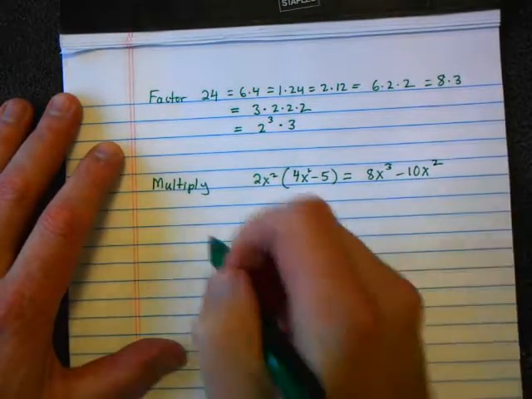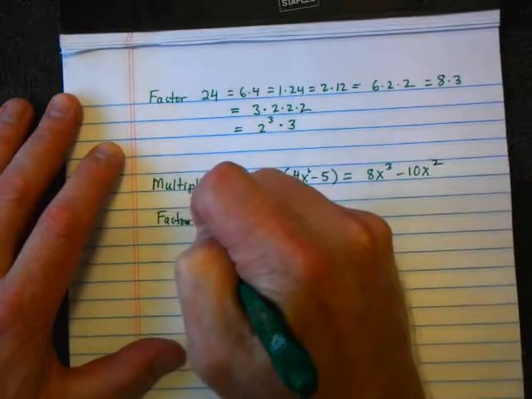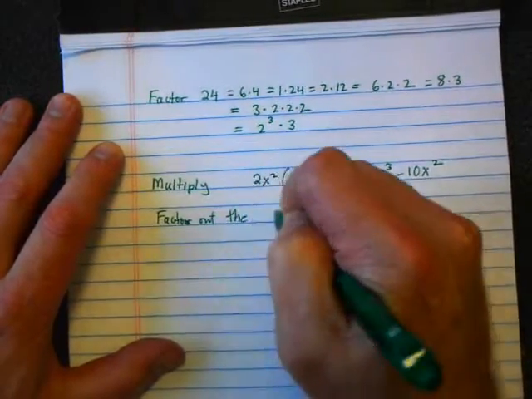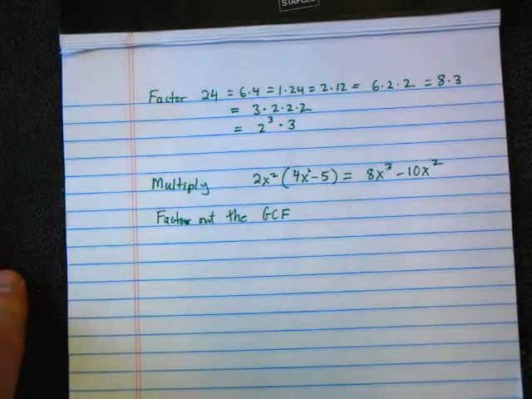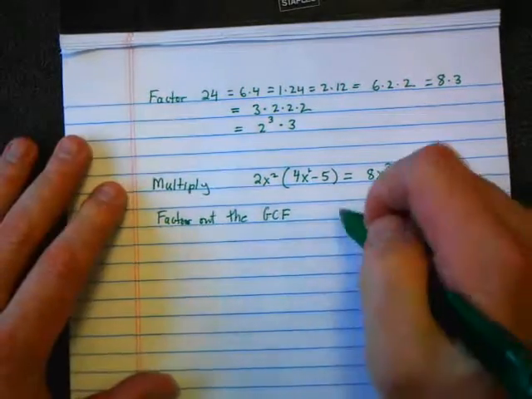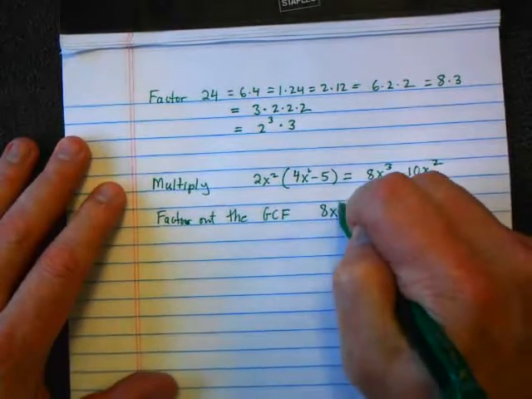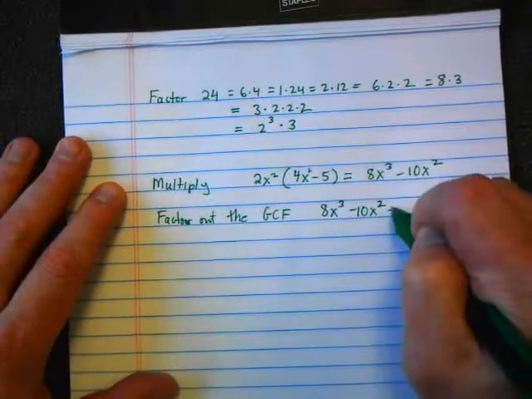The reverse of this is called factor out the GCF, where GCF is an abbreviation for greatest common factor. So it would go exactly the opposite way. We would start with 8x cubed minus 10x squared.